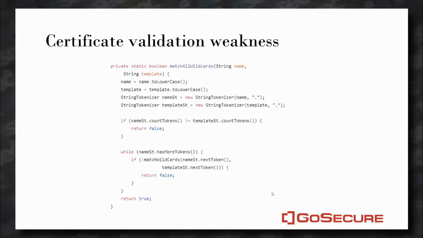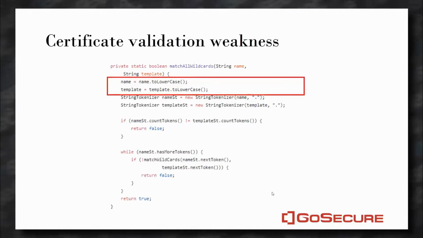Another example: this is Java code of a class doing host validation in TLS communication. Here we have two variables, name and template. Name will be the host to which we're connecting, and template will be the host name which the library has extracted from a certificate.